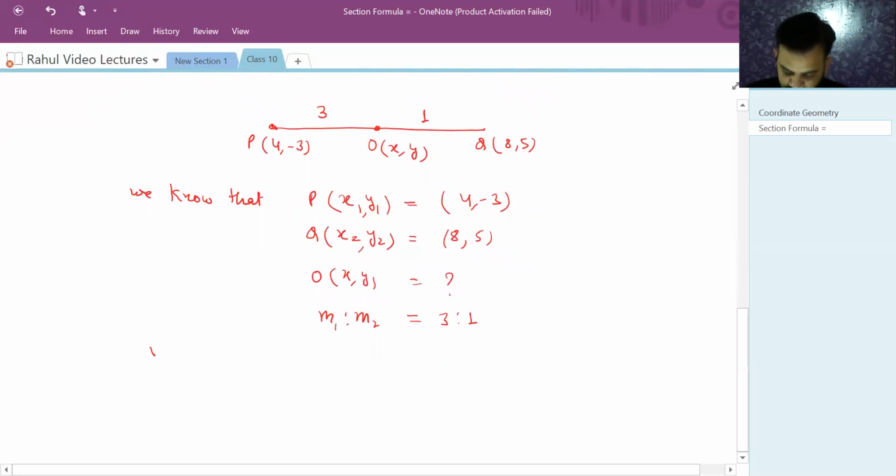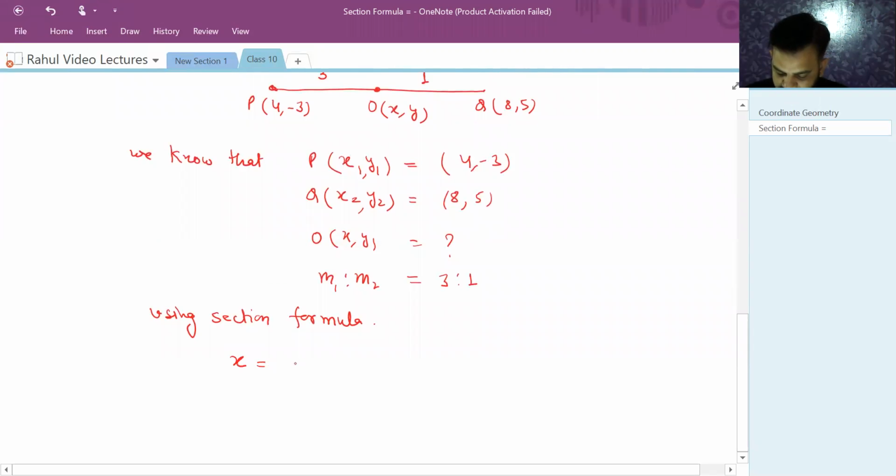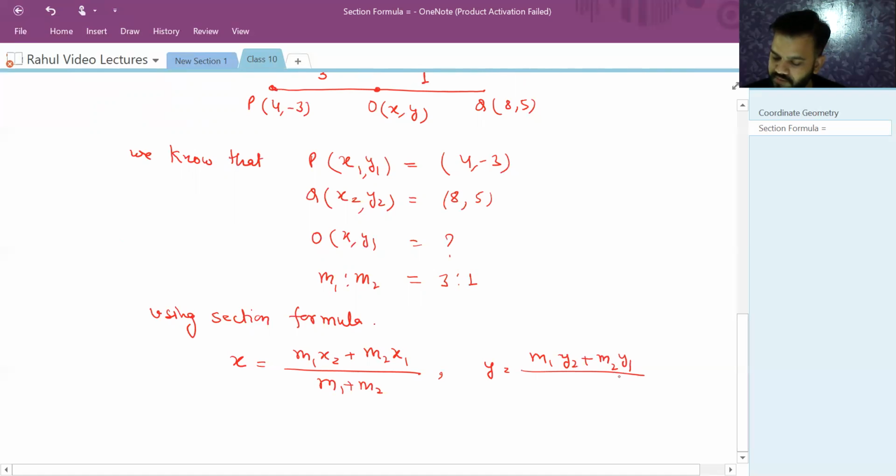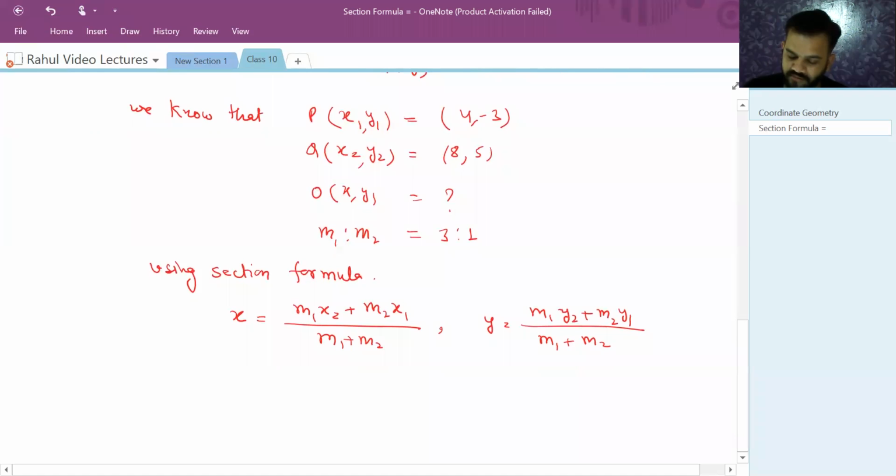Okay. So using the section formula, what is the section formula? x equal to M1 x2 plus M2 x1 divided by M1 plus M2, and y equal to M1 y2 plus M2 y1 divided by M1 plus M2. Now you have everything.